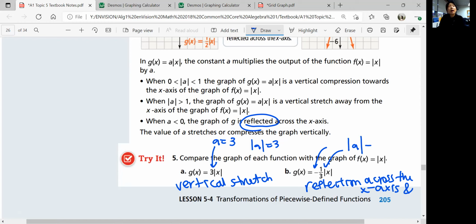The absolute value of a is 1/3, and that is less than 1 and greater than 0, right? So is it a vertical stretch or compression? It's a vertical compression by a factor of 1/3.